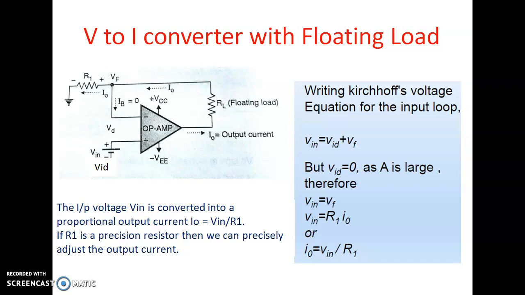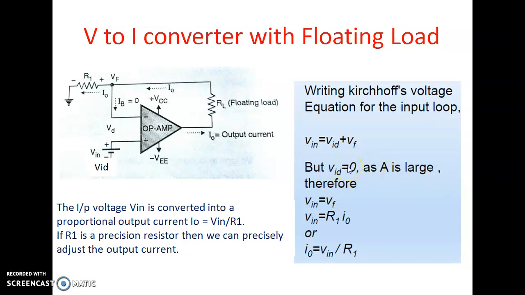This is because the feedback voltage across R1 is proportional to the output current I0 and appears in series with the input voltage. If we apply Kirchhoff's voltage law to the input loop, we can write Vin equal to Vd plus Vf. We know that the open loop gain of the op-amp is very large, so Vid equals 0.